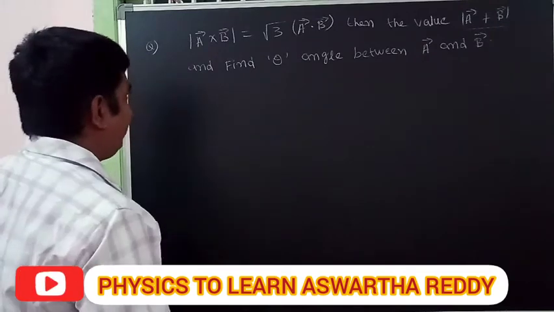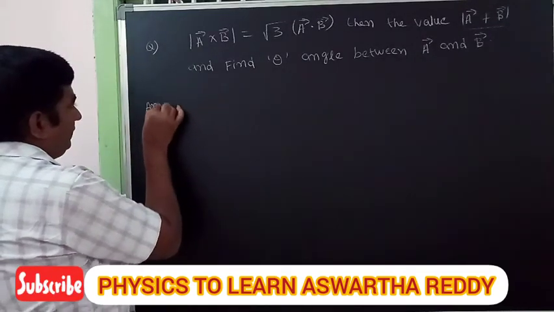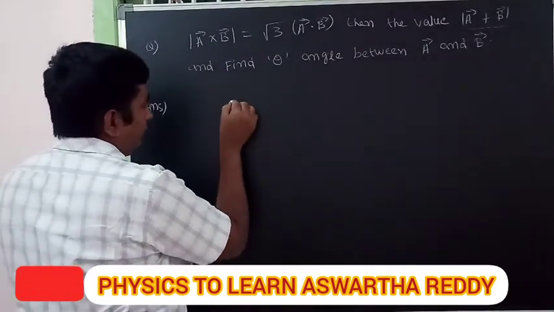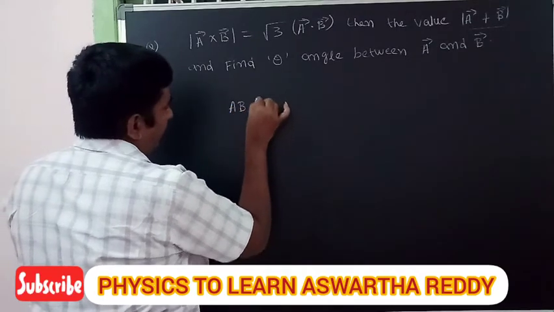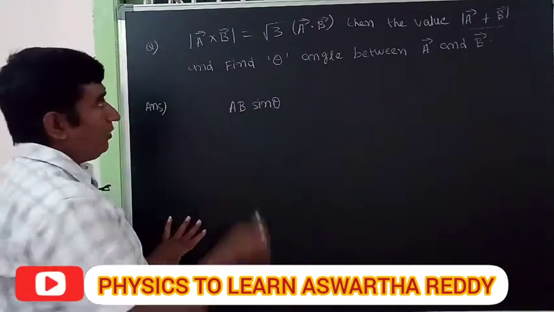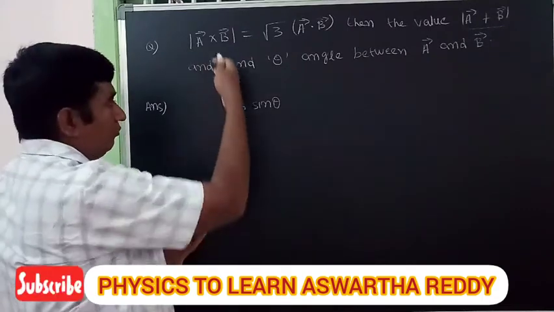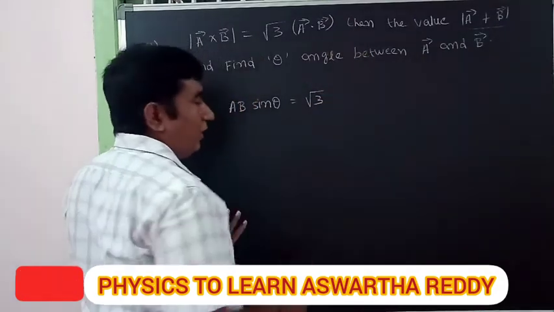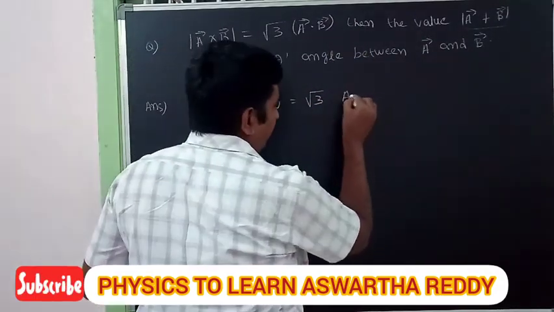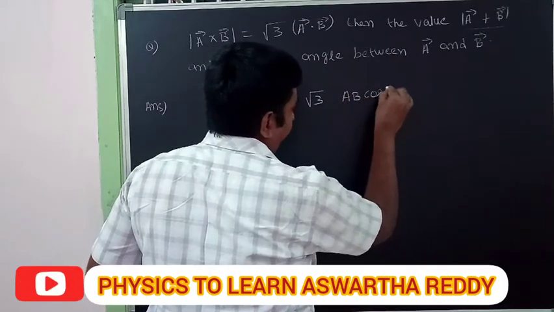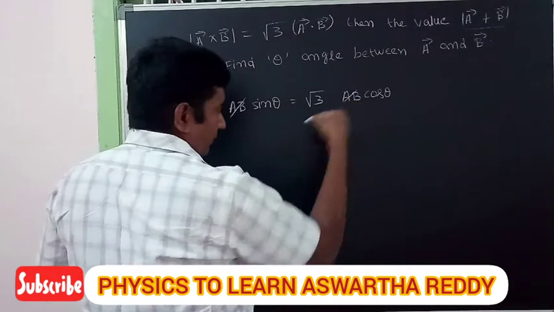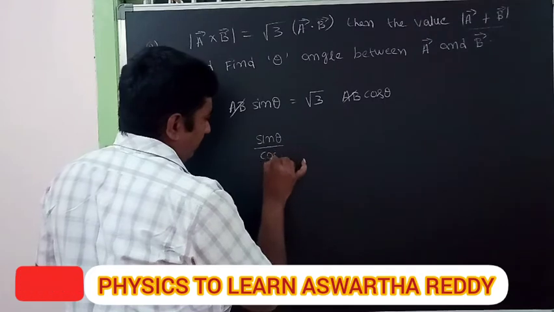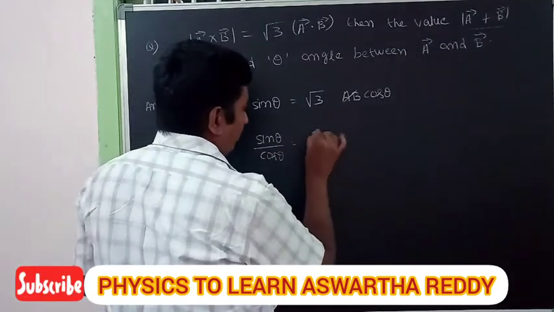With the help of the given equation, a vector cross b vector is nothing but ab sin theta. Since the magnitude has been given, we consider only the magnitude, which is equal to root 3 into a vector dot b vector. A vector dot b vector is nothing but ab cos theta. With this, the ab terms cancel. Then sin theta by cos theta is equal to root 3.